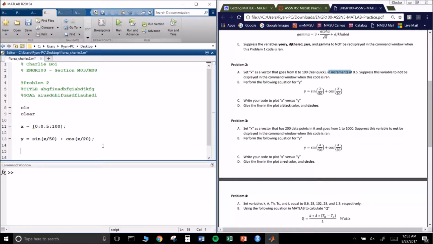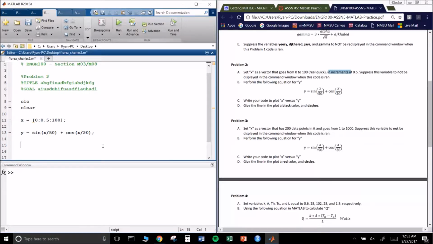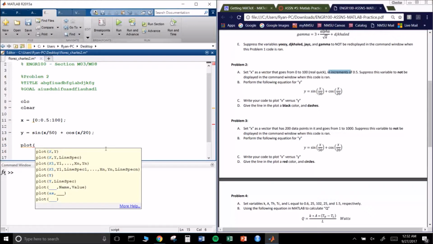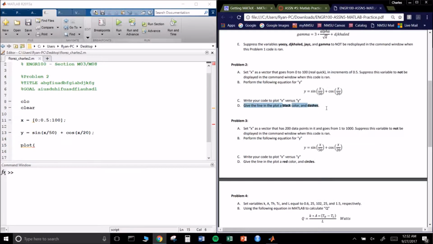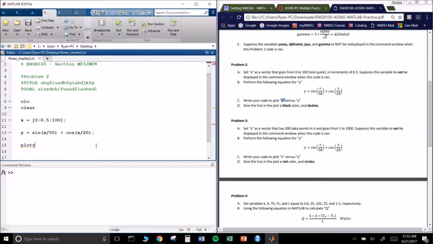Now here's the more important part, which I didn't talk about for those of you in section MO8. So I need to plot x versus y. The way that I'm going to do that is I'm going to use this function called plot, and it's pretty simple.